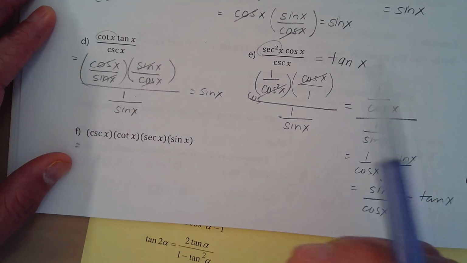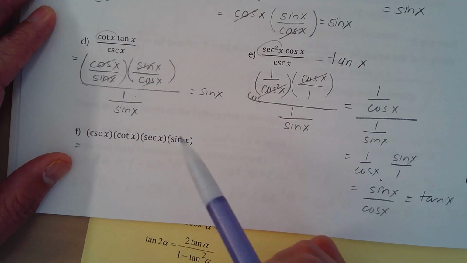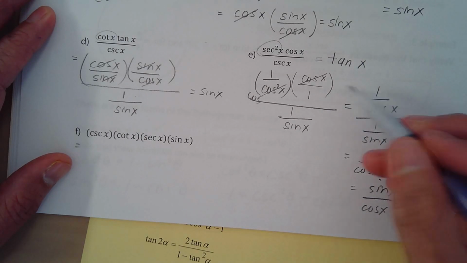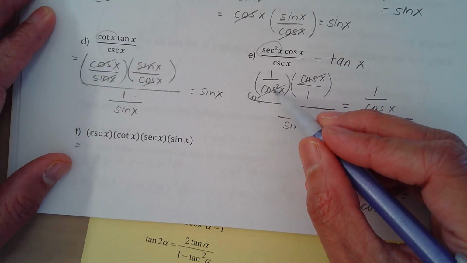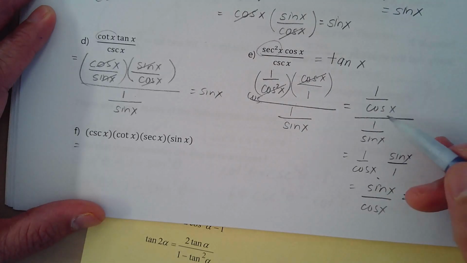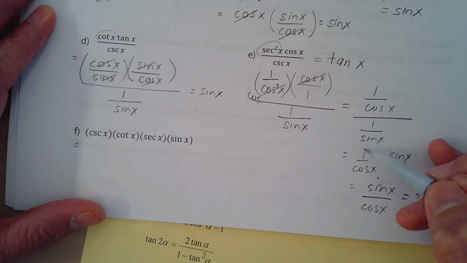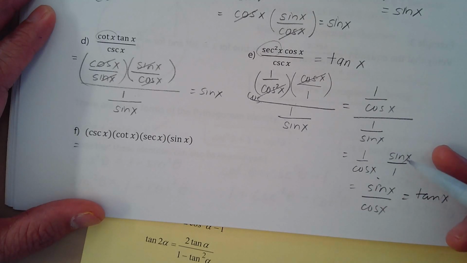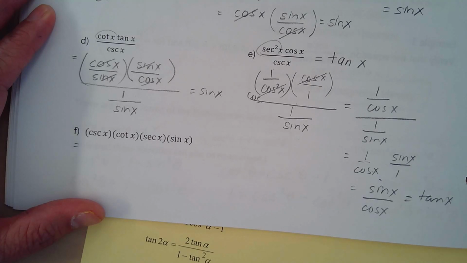For E or F? E? Okay, because I'm going to have these two cancel. So I'm going to have 1 over cos of x divided by 1 over sine of x, right? And then dividing is the same thing as multiplying by the reciprocal. So 1 times sine is sine, cos times 1 is cos, so it's tan of x. Yeah. Okay, letter F.